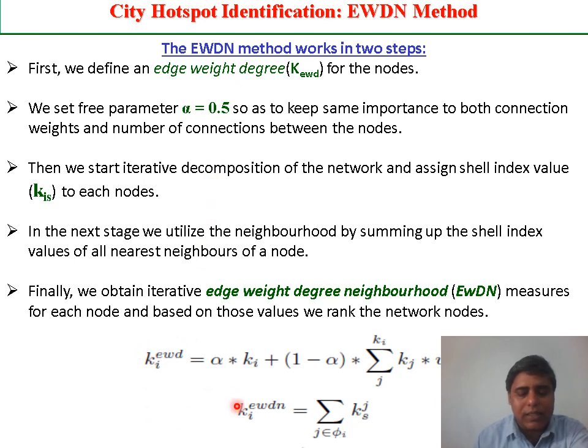Once we get this edge weight degree, we do a KSL type of iterative decomposition, and in a similar way to the KSL index, we get an edge weight index. Once we get these iterative values for each node, we iterate over the first order neighborhood to get the final score, and based on this final score, we rank the nodes.